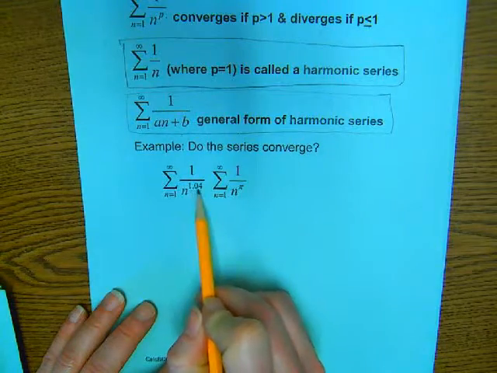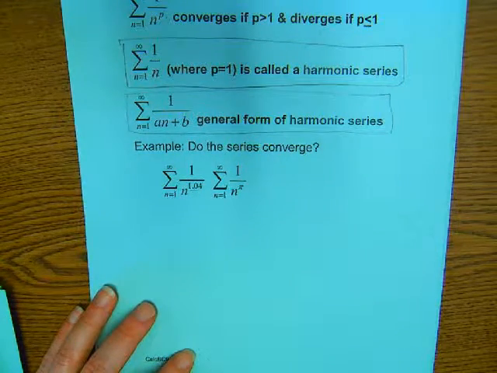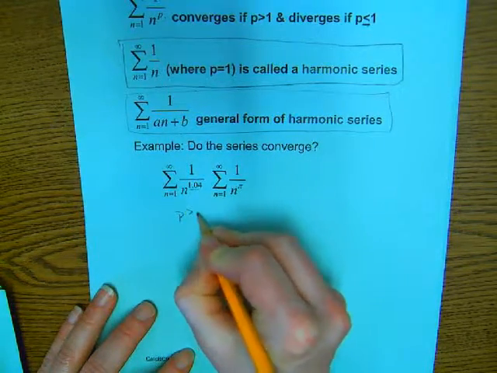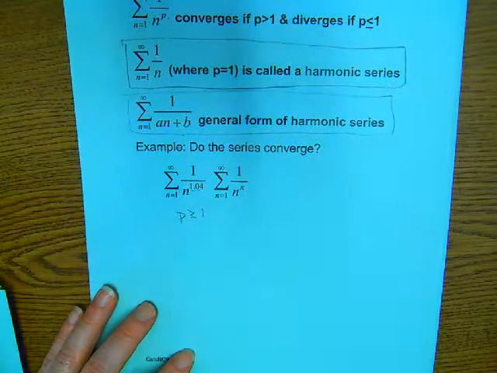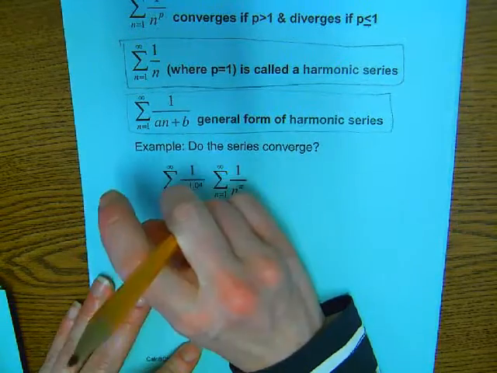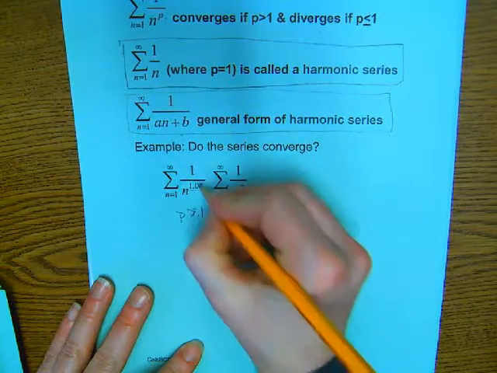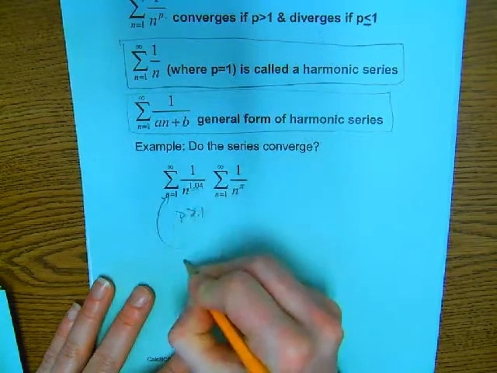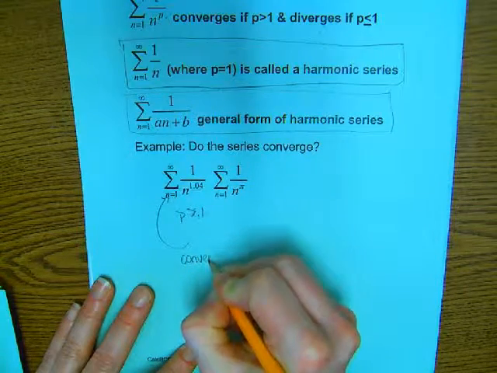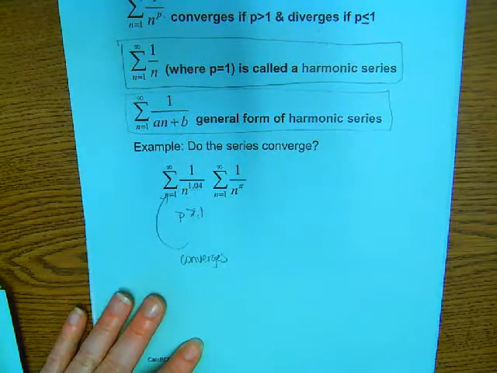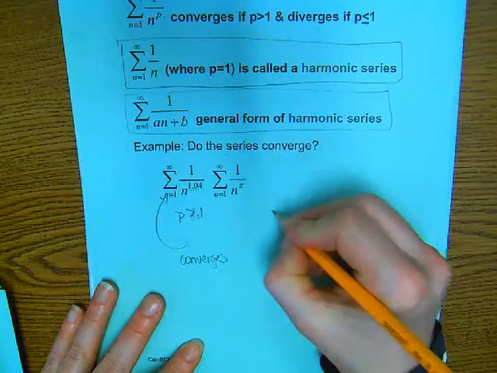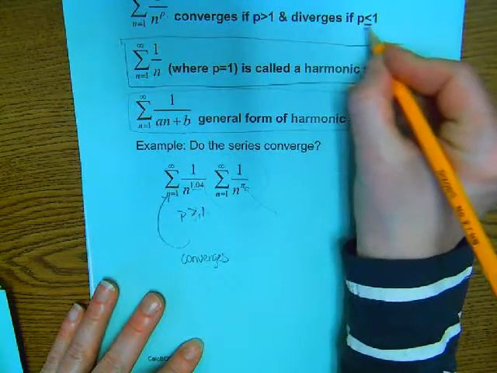Let's look at the power. The power is 1.04. P is greater than 1. So this series converges. This one, p is pi.